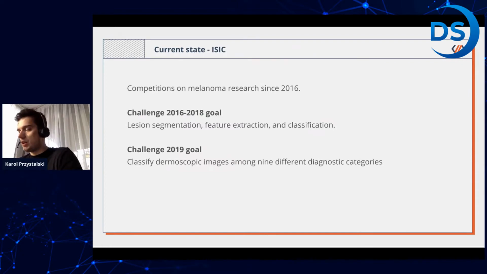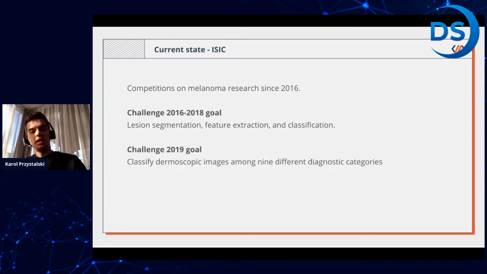Just to show you how it changed during the years. What actually was the goal of the challenges, because ISIC is not only a data set, they publish challenges every year to get the best accuracy, best quality metrics in skin cancer analysis. Between 2016 and 2018, the goal was more focused on feature extraction.